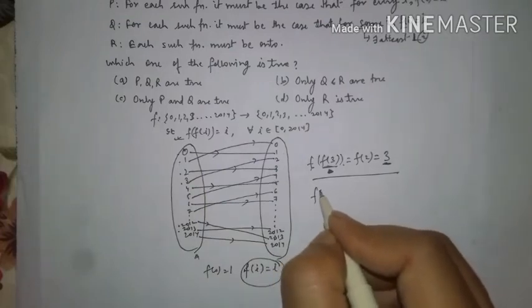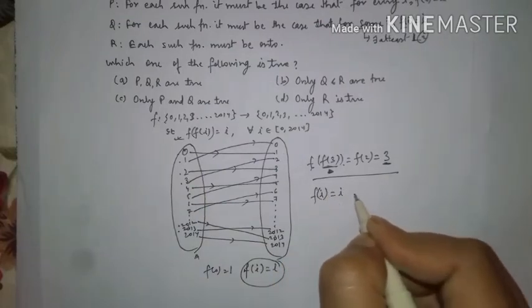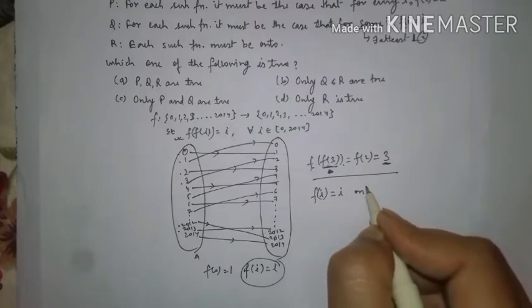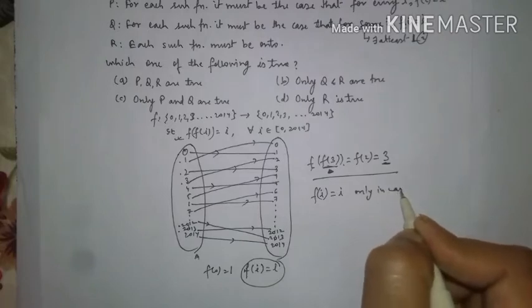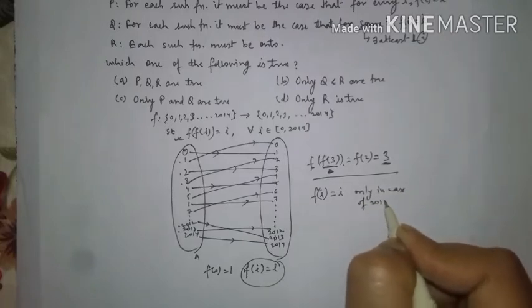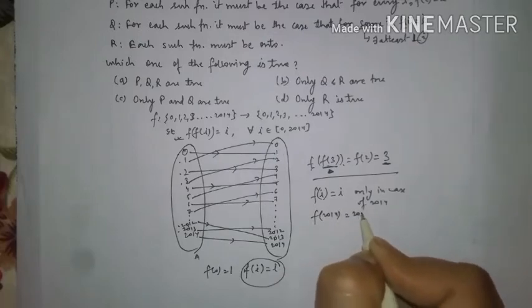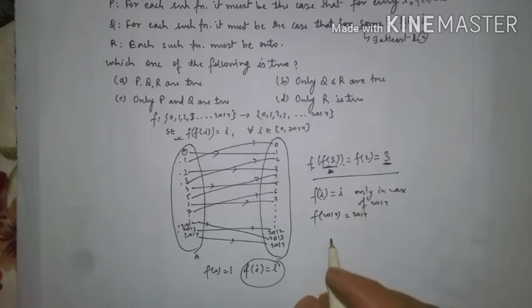So f of I will be equal to I only in case of 2014, that is f of 2014 is equal to 2014.